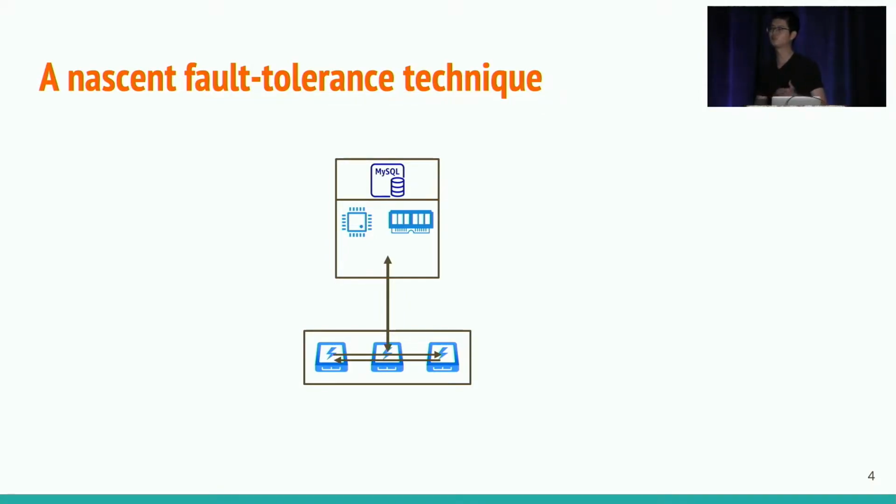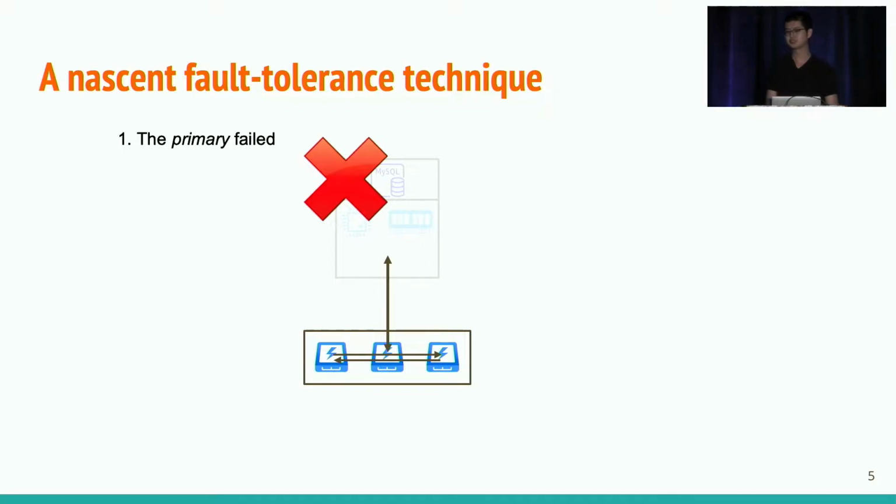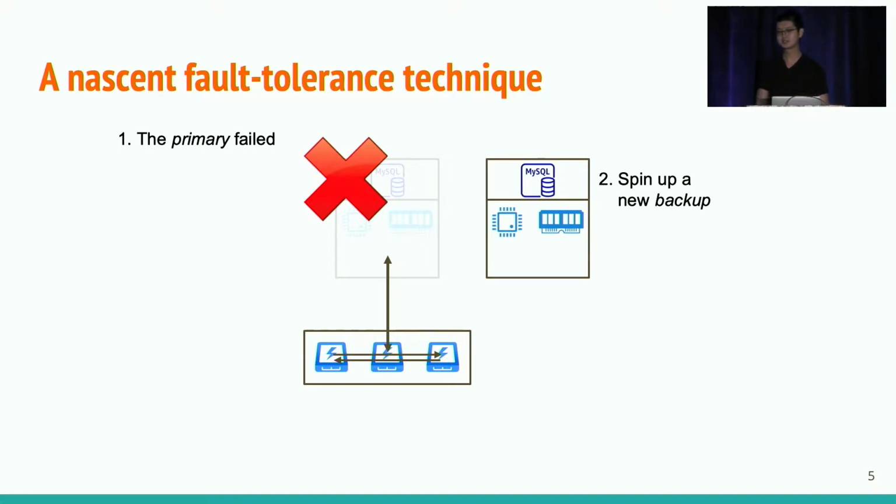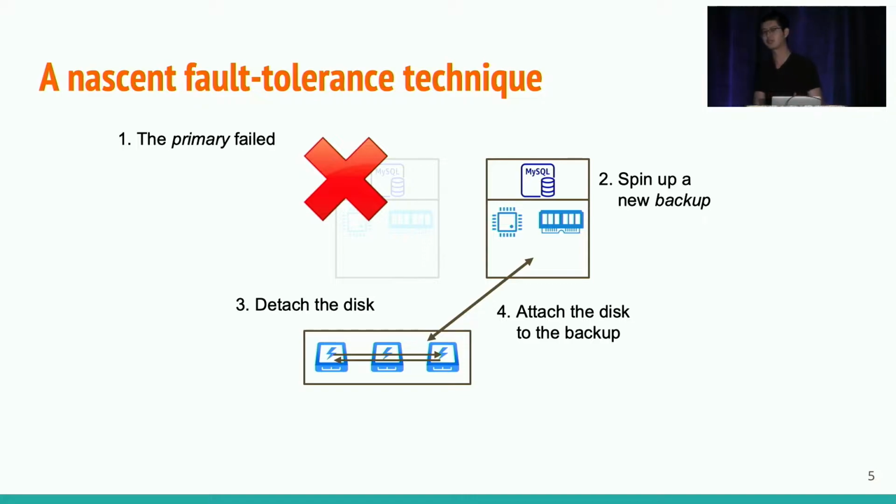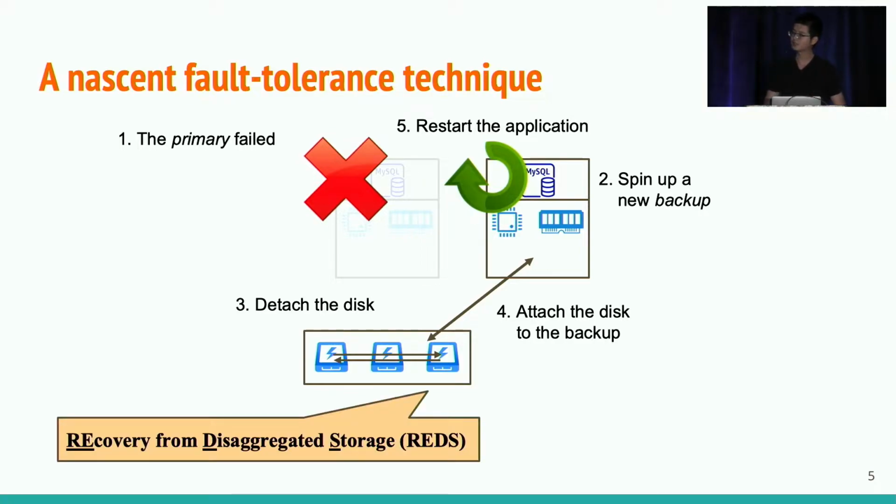When the primary instance of the application is deemed failed, since we can still access the application disk, we can spin up a new backup instance and move over the application disk from the failed primary to the new backup to restart the application from the same application data.